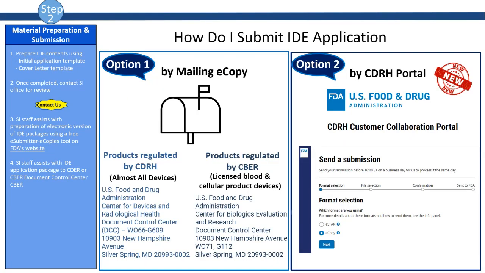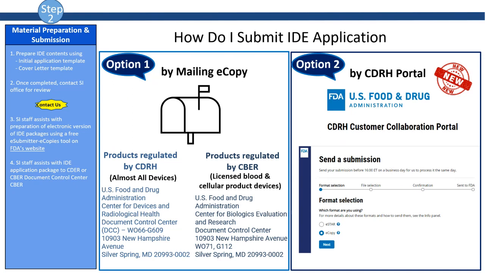Now, the submission process. Paper copy applications have long been a path for targeting IDE submissions to the Document Control Center at CDRH or CBER divisions. For most devices, CDRH portal accepts applications.